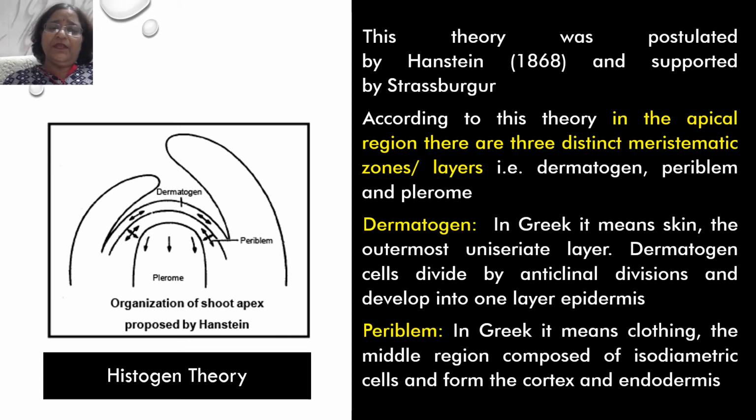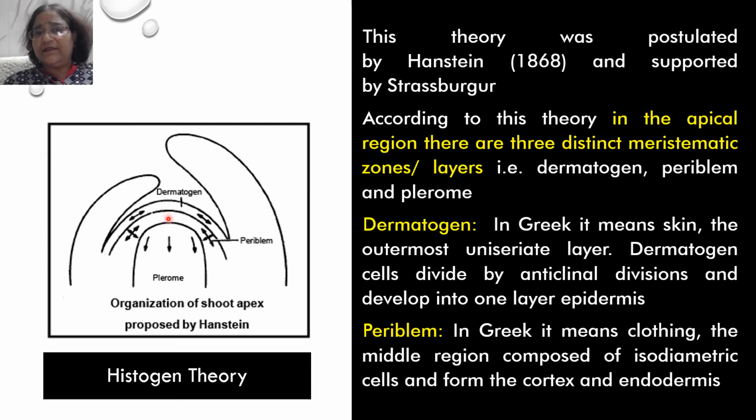And the next theory is the histogen theory. This theory was postulated by Hanstein, so it is also known as Hanstein's histogen theory. According to this theory, in the apical region there are 3 distinct meristematic zones or layers. This is the dermatogen, which is a single layer, this is another which is known as the periblem, and this is the plerome.